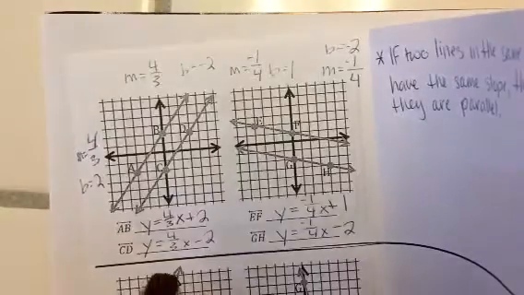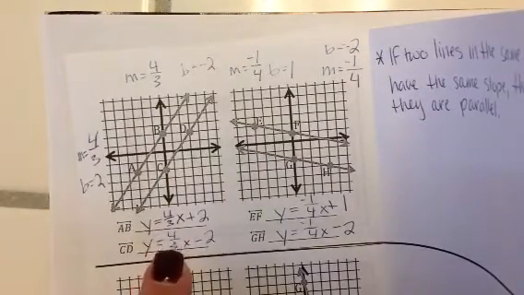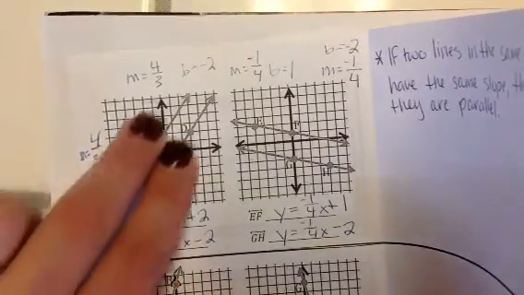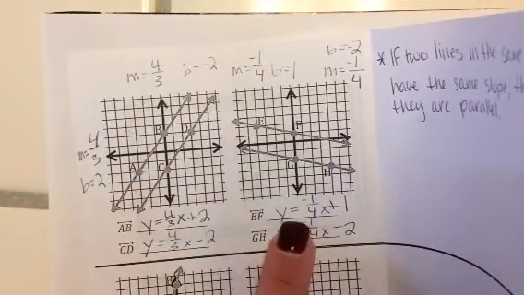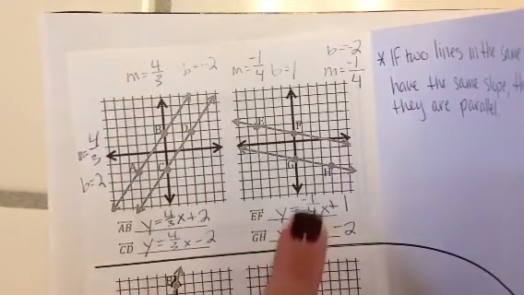So if we look back at our examples, AB and CD had the same slope, and they are parallel. EF and GH had the same slope, and they are also parallel.